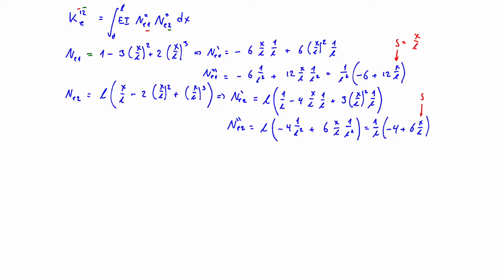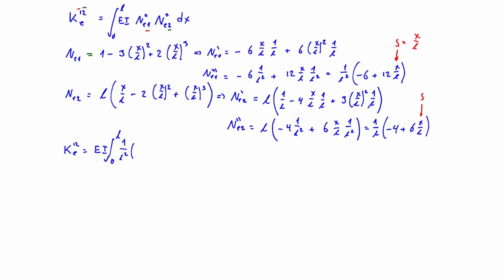Now we can take the component of the stiffness matrix. We could take EI outside the integral. Inside the integral, we will have the N1 double derivative. Let's just remember to include 1 divided by L squared.